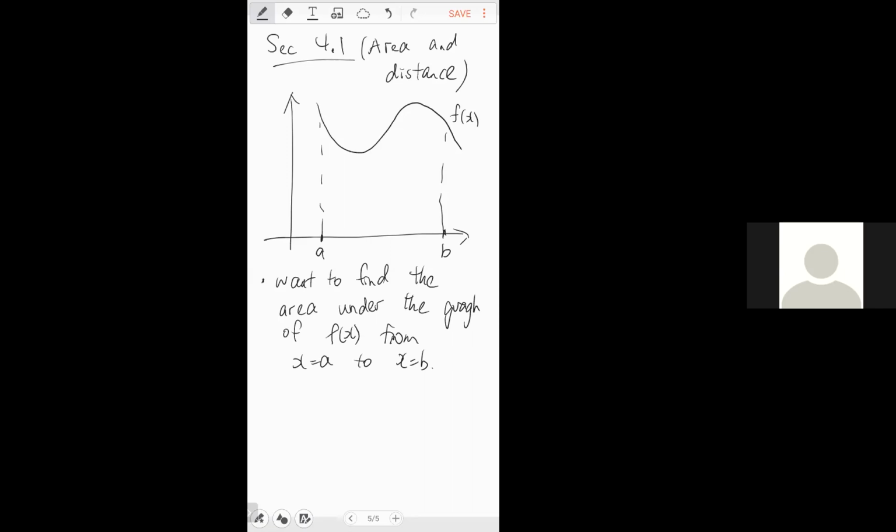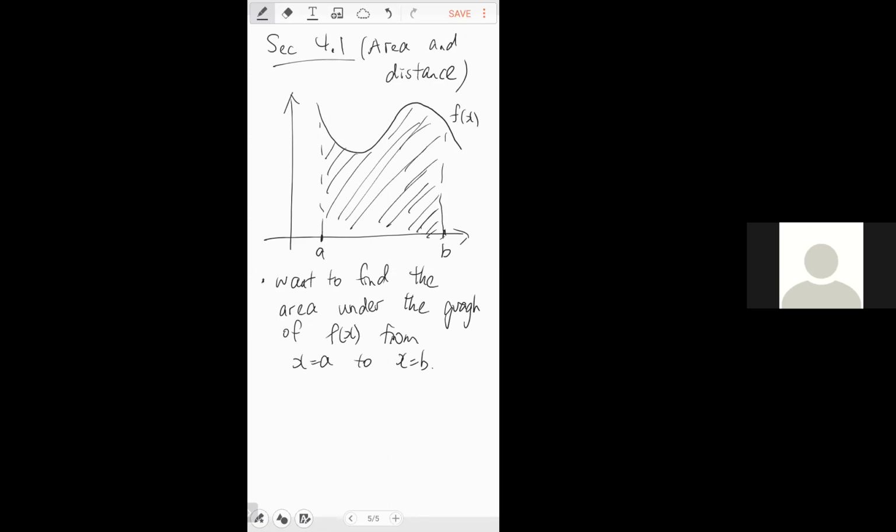So what I mean is I want to compute the area of this region. But it's a very curvy shape, right? Which means we really don't have a formula for that.